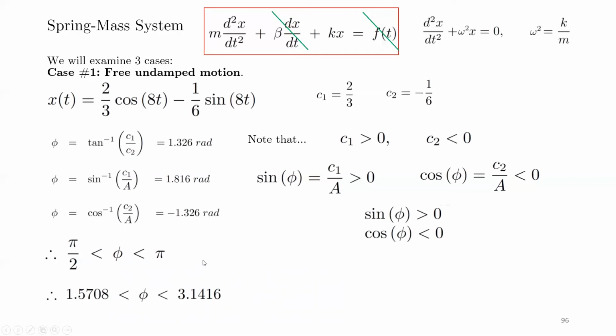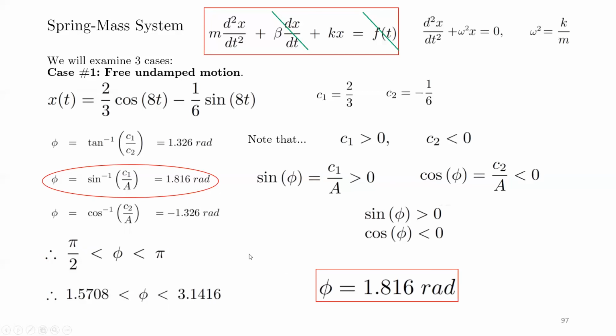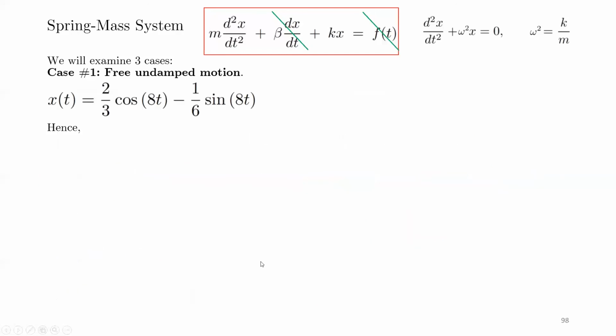Is there any value of phi that satisfies that out of these three potentials? 1.3 is too low. Negative 1.3 is negative, so we don't want that. But 1.816 is perfectly between these two values. So our phi, we've concluded, is 1.816 radians.